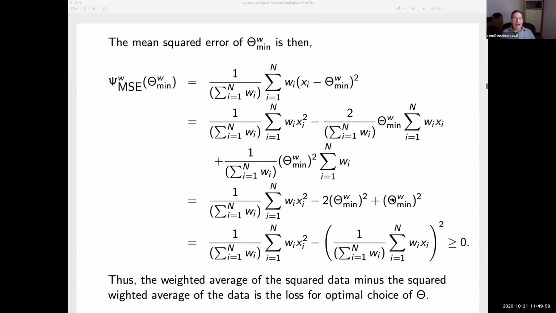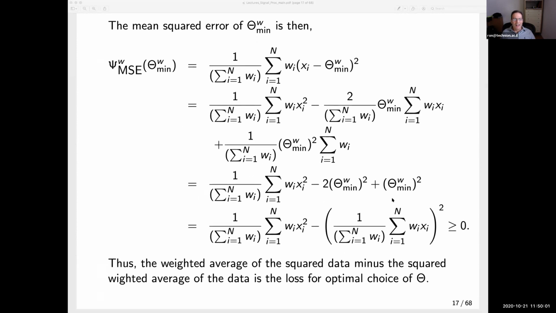Okay, let's analyze what happens when I plug the optimal theta into the weighted sum.